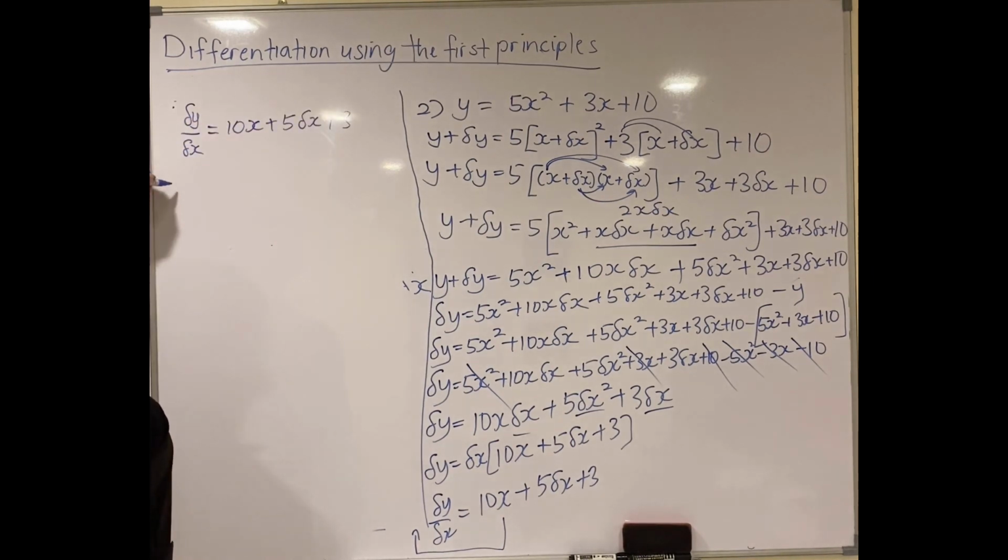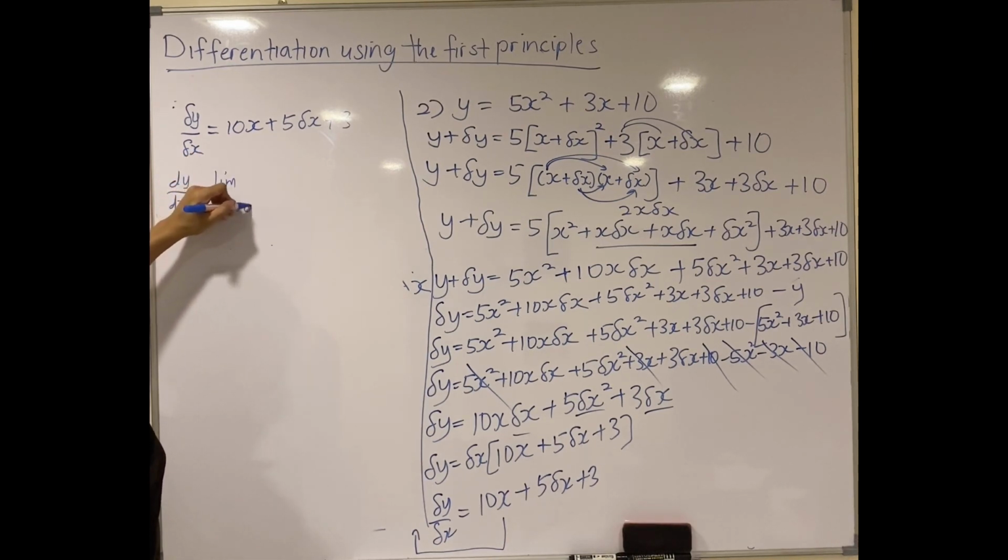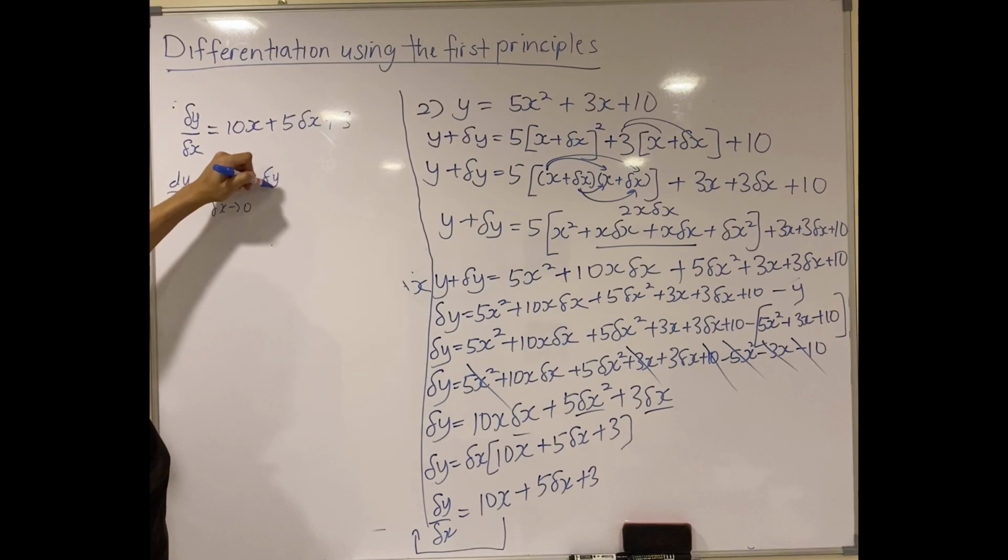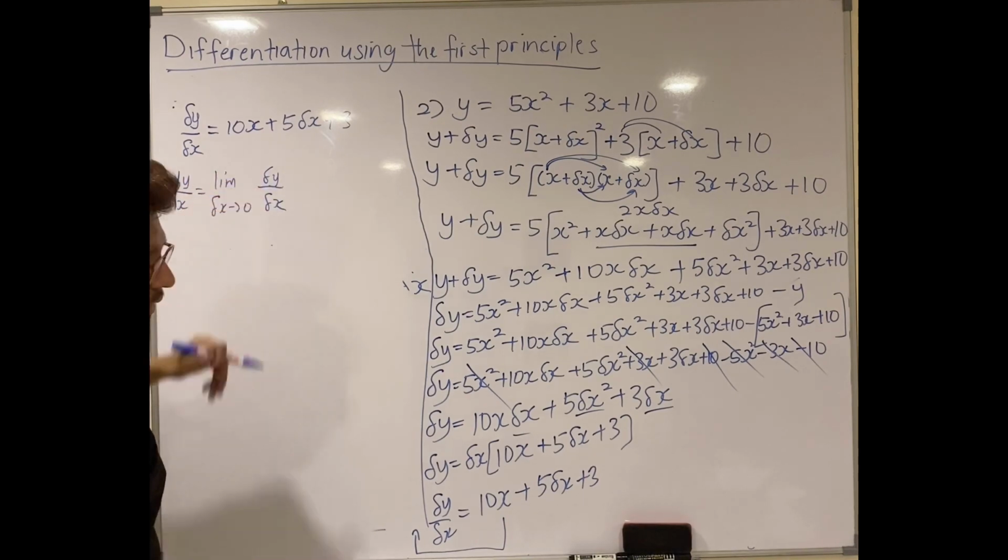Okay, now I'm going to say dy over dx is equal to the limit as delta x approaches 0 of delta y over delta x.